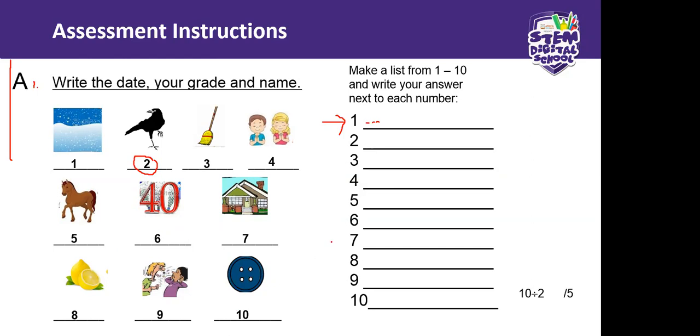All you do is write down the names or the words for the pictures. Only one name for each. From 1 to 10. The pictures are numbered and therefore you must please write the correct word at the correct number. Don't mix your numbers up.